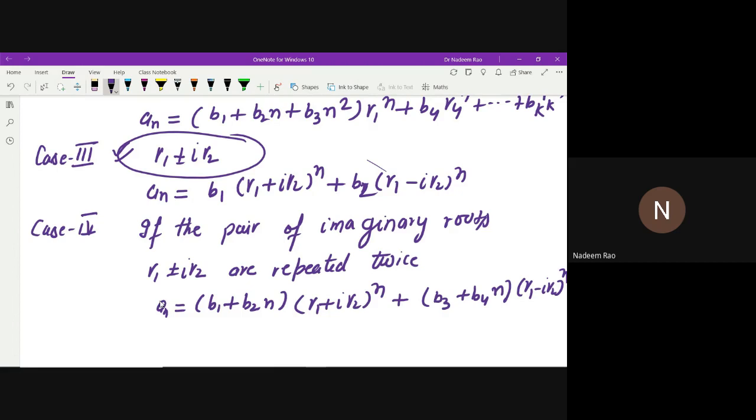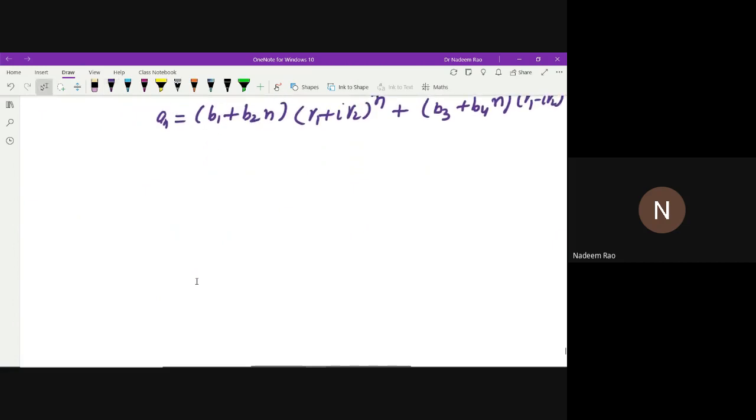Check. Now these may be the cases, and now we will try to find out the solution of the differential equations or recurrence relation.